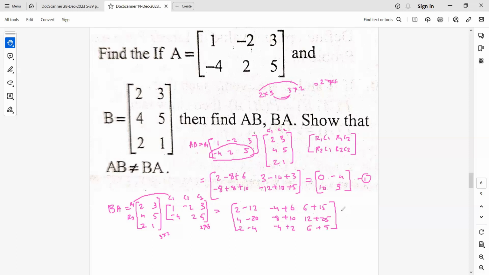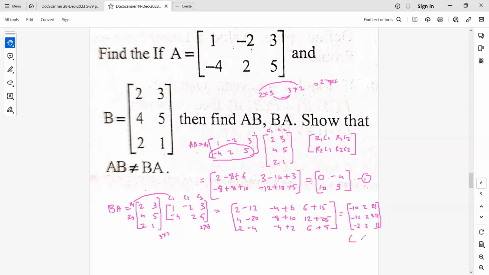On simplifying this further, see the answer we are getting here: minus 10, then 2, and 6 plus 5, 15, it is equal to 21. Next, minus 16, again 2, and then 37. Similarly, we have minus 2 again, and again plus 2, and then 11.